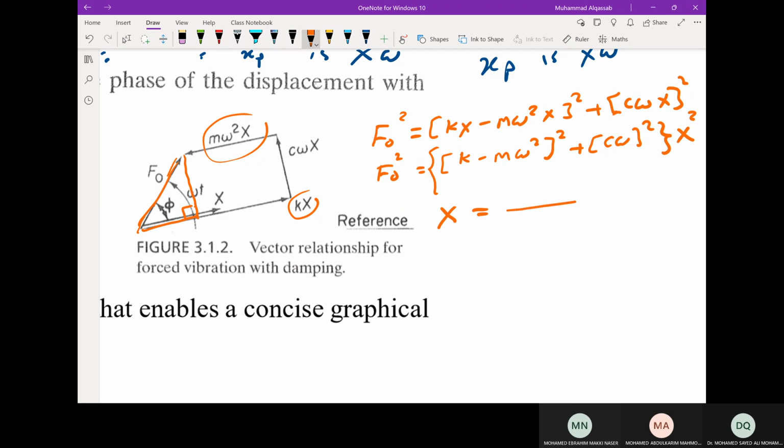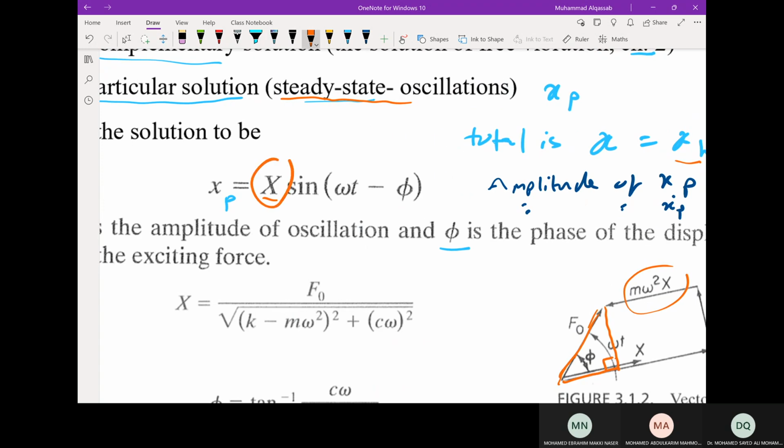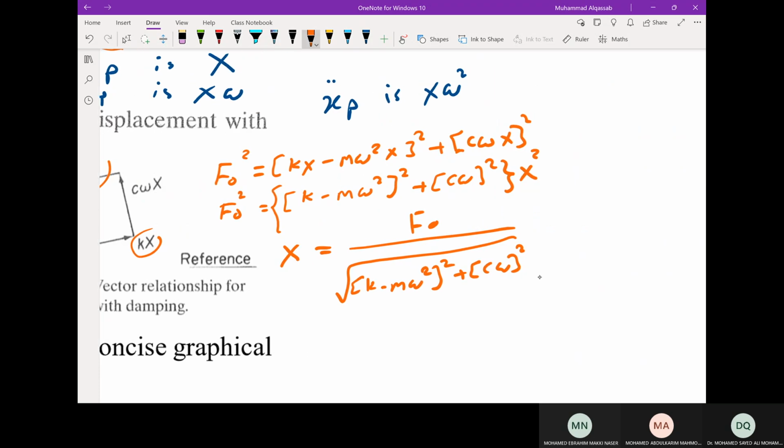This becomes x equal to F naught divided by the square root of k minus m omega square all square plus c omega square. So this x, the amplitude of the particular solution, is found as a function of the system parameters. F naught is given, and k, m, omega, c are all given, and from here we can find the amplitude.